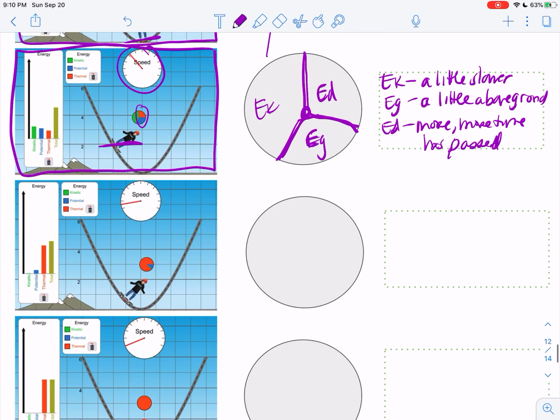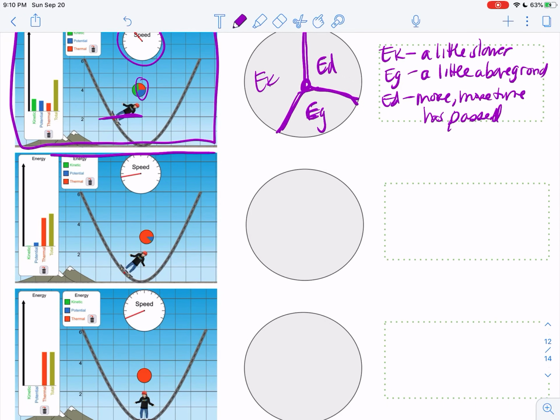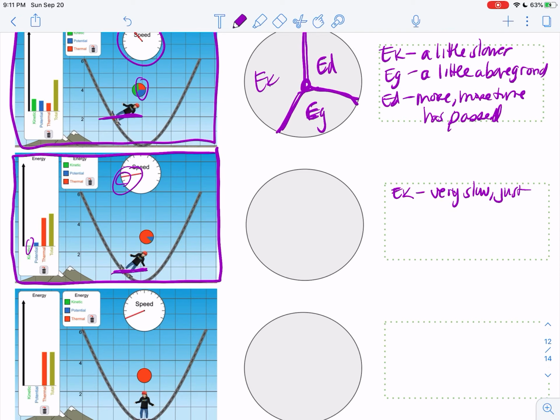Fourth state diagram. This looks like the simulation has been running for a little while now, because his speed is now very low and he's very close to the ground. The simulation doesn't show it very well, but he's probably moving a little bit on the speedometer. So EK, very slow, just a little EK.